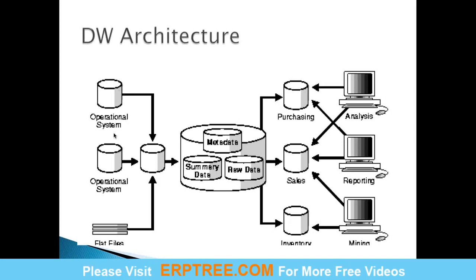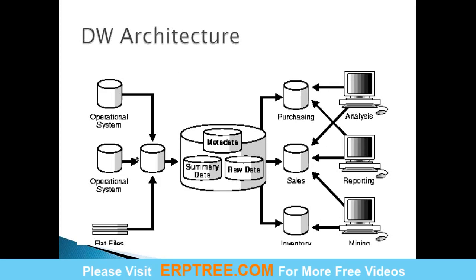What are these operating systems? In many companies, they use data warehousing with the source system as mainframes. In most of the companies, they are using mainframes as the input for the data warehouse. So let us take an example, like here they are using mainframe systems, and also we can use flat files.